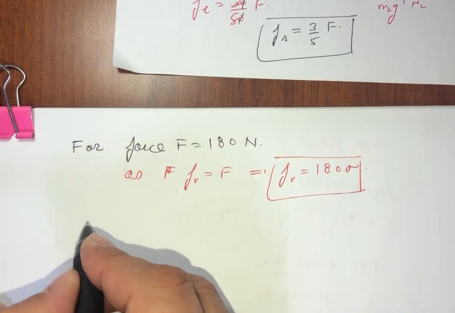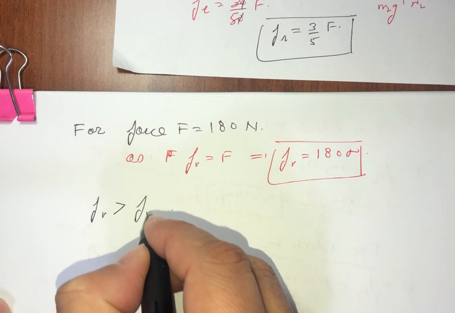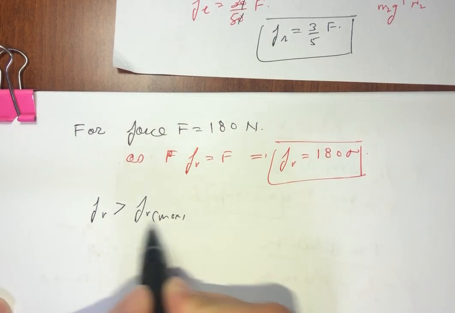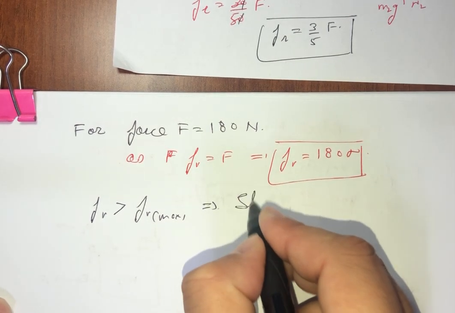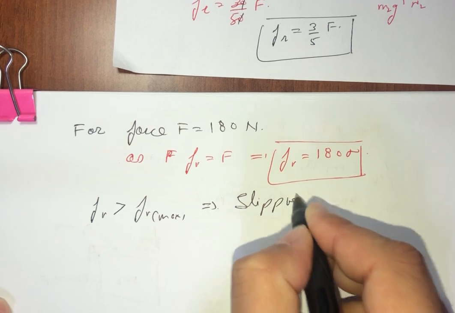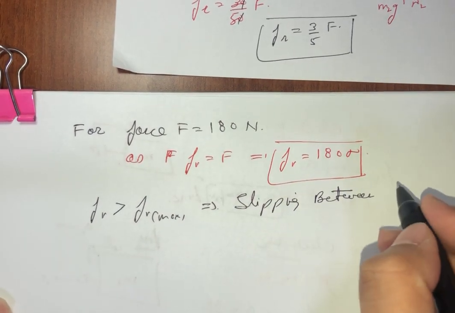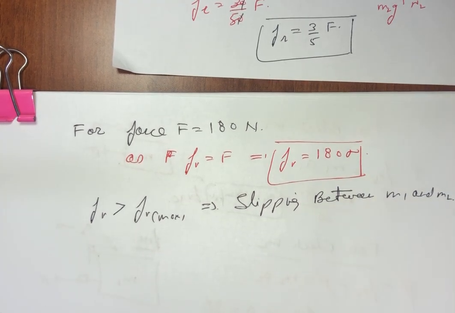So we can say that Fr is greater than Fr max, therefore there is slipping between M1 and M2. So we can now find out their different accelerations A1 and A2.